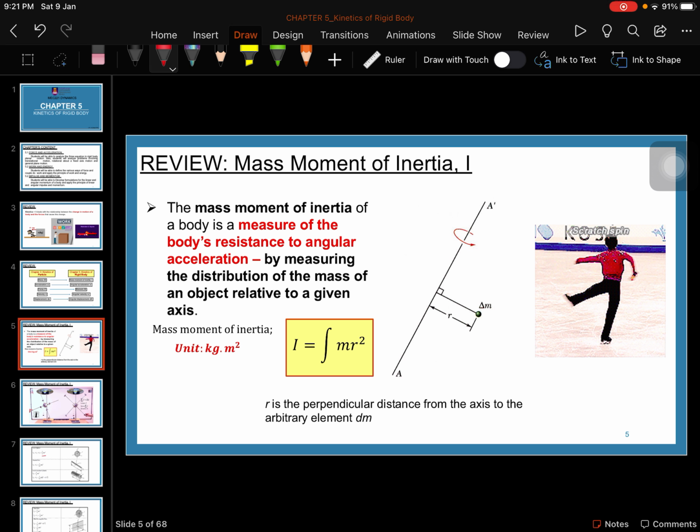The unit for mass moment of inertia is kg times m square, and the formula is I equal to integration of r square dm, where r is the perpendicular distance from the axis to the arbitrary element dm.